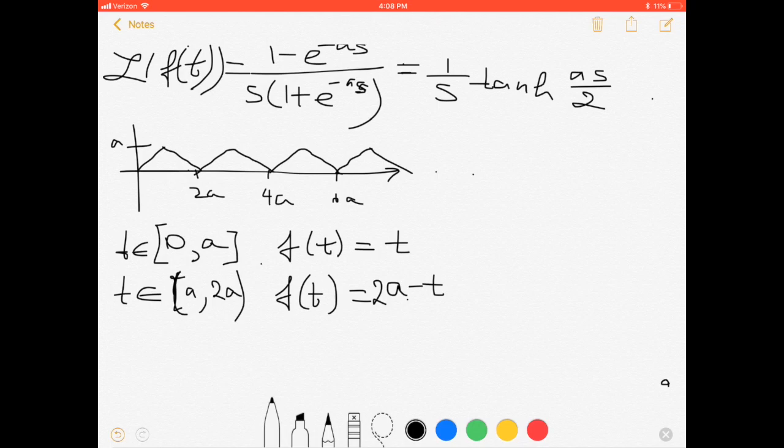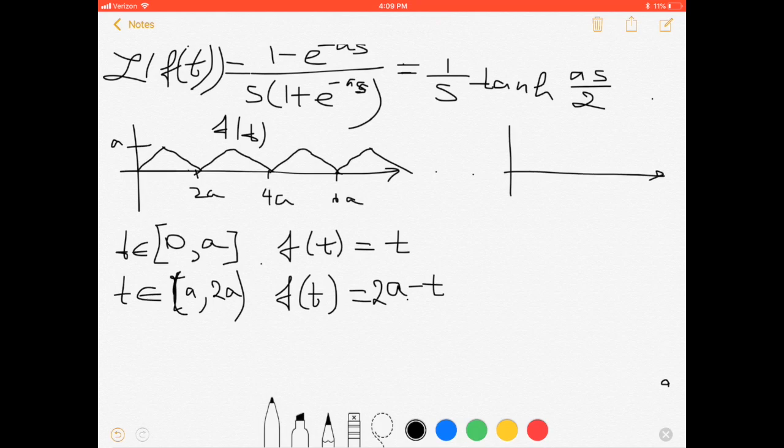But what is interesting for this function? If you take a derivative, and periodically, I'm taking it only for one period.